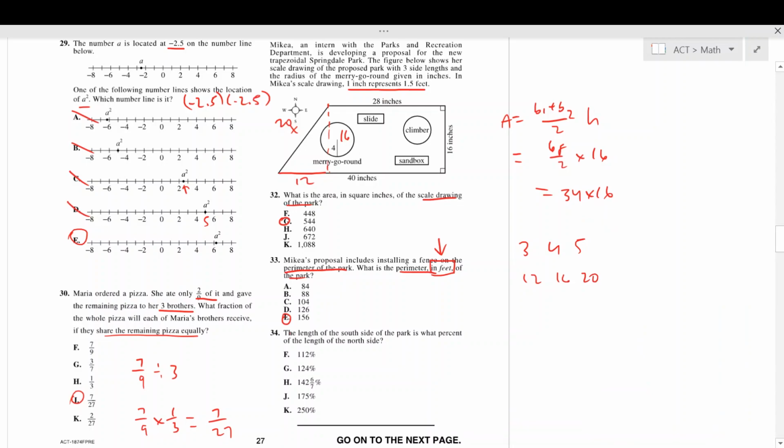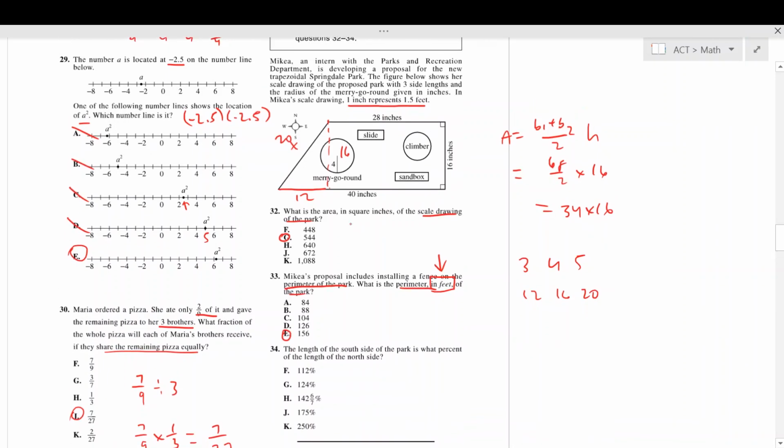E. The length of the south side of the park is what percent of the length of the north side? The length of the south side of the park is 40 inches. 40 inches is what percent of the length of the north side? The length of the north side is 28 inches times some percent, so I'll say times x. So 40 equals 28 times x, and x equals 40 over 28.